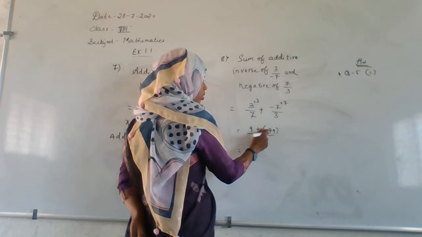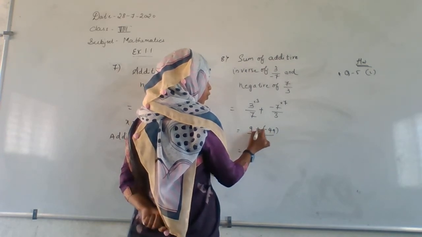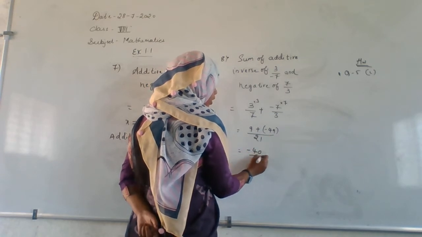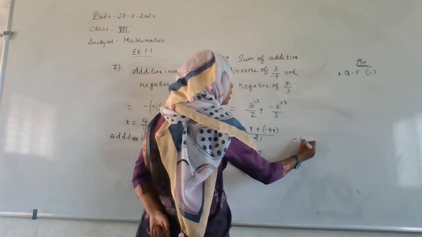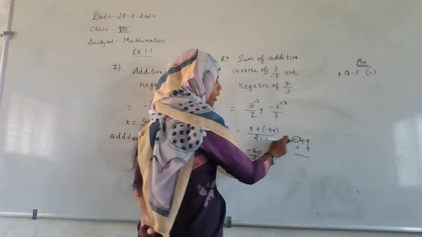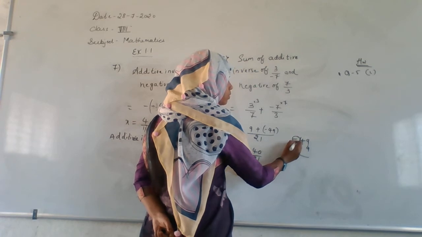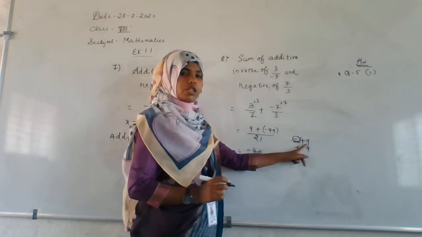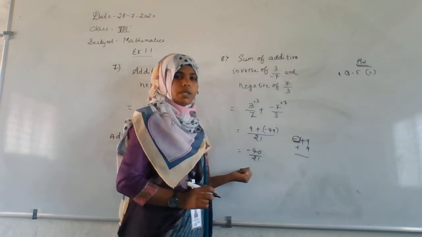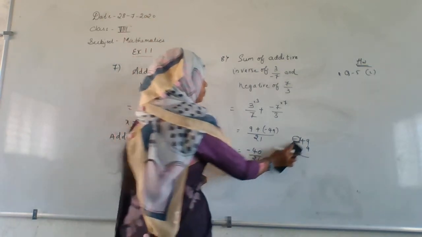Now we have to add 9 to minus 49. That means we have to do the subtraction: 49 minus 9, and whichever number is bigger, its sign is kept. For the 49 it is the minus sign, so I am keeping minus 40 divided by 21.